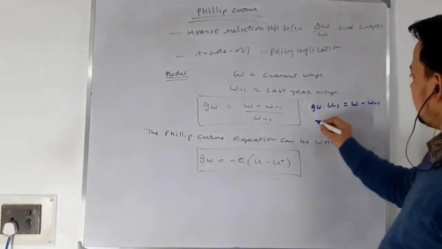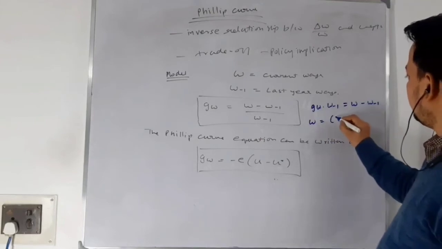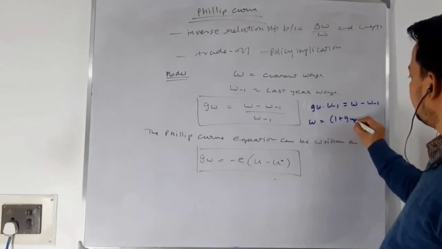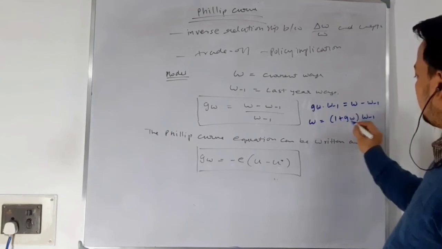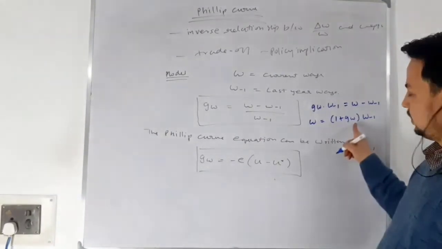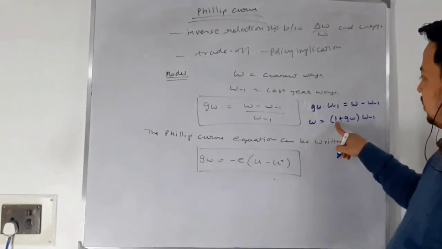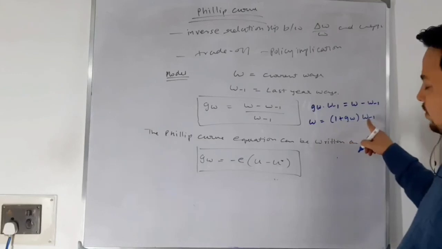Now what is my current year wage? Take W minus 1, the previous year wage, common, and 1 plus GW will be common. This is okay with everyone? My current year wage will be equal to 1 plus wage inflation times W minus 1.